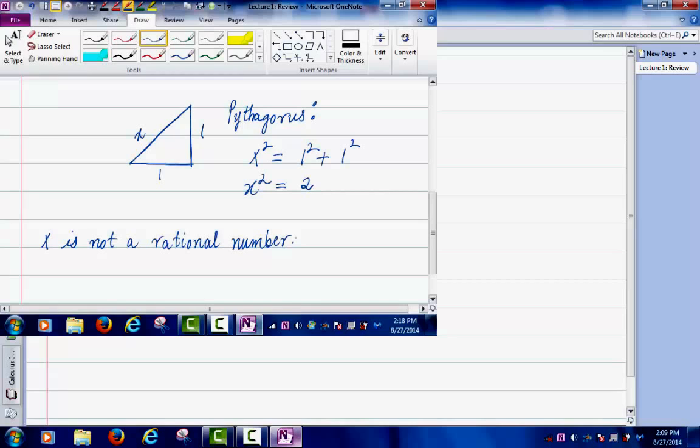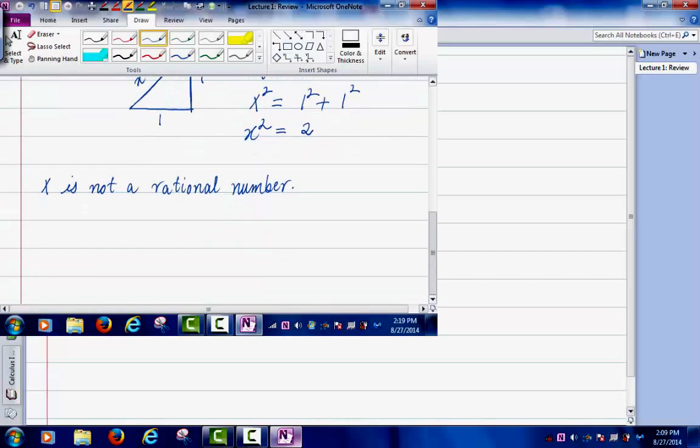Numbers are just rational numbers, and numbers like x were lengths. So nowadays, what do we call x? As somebody said, we say that x is root 2. We denote the number x by the symbol root 2. And so what we are saying here is that root 2 is not a rational number.